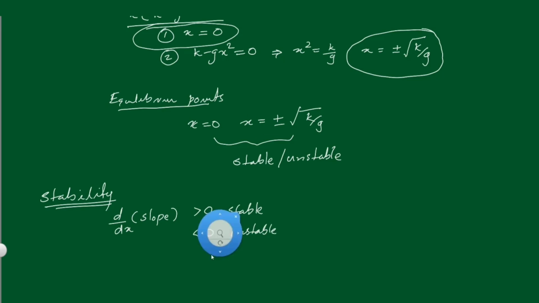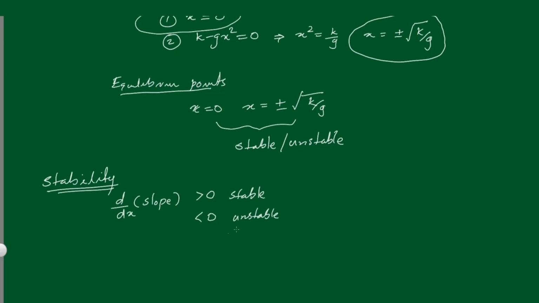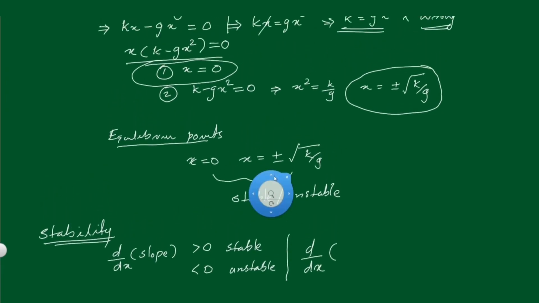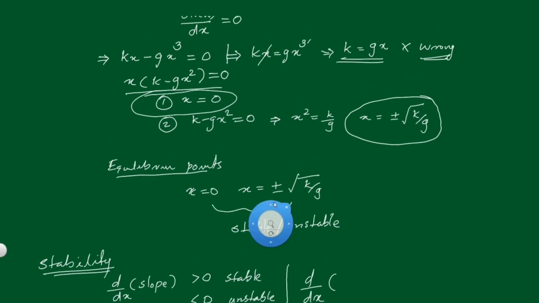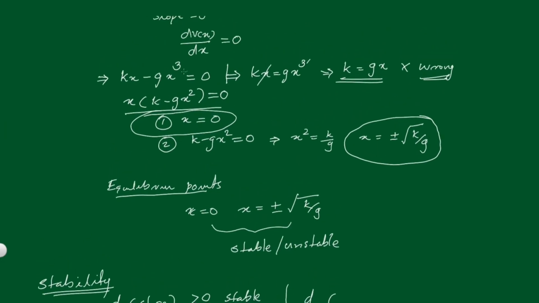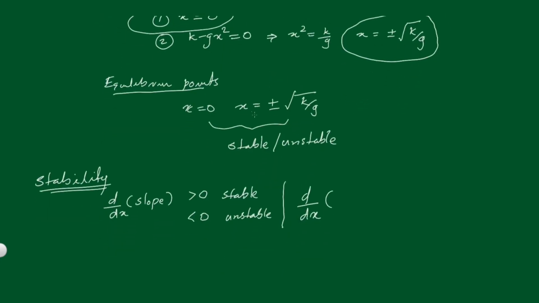Okay, so what we have to evaluate is d by dx of this function. The slope is dv by dx, and we already found that dv by dx is kx minus gx cube.